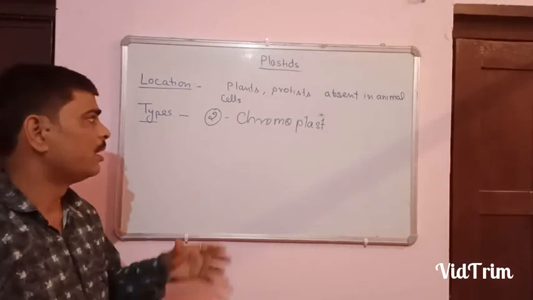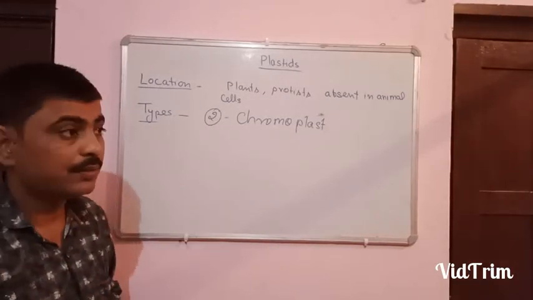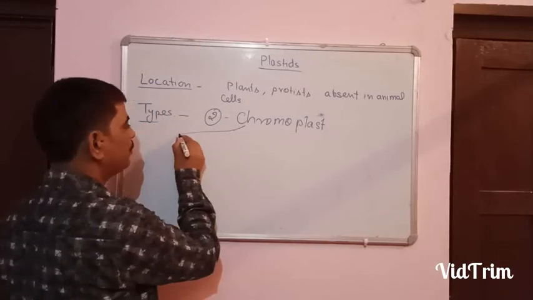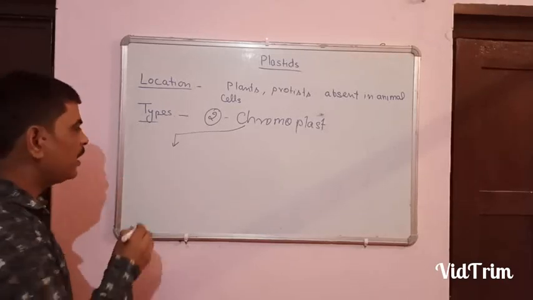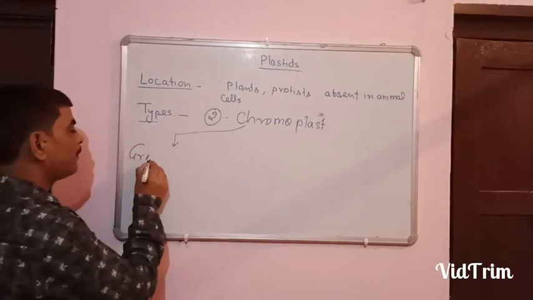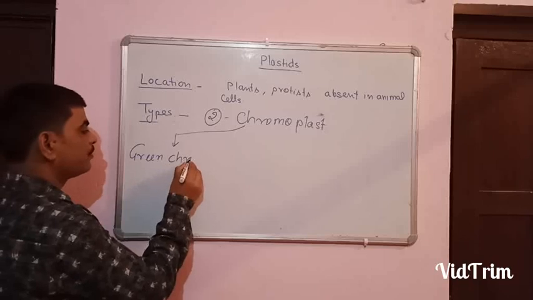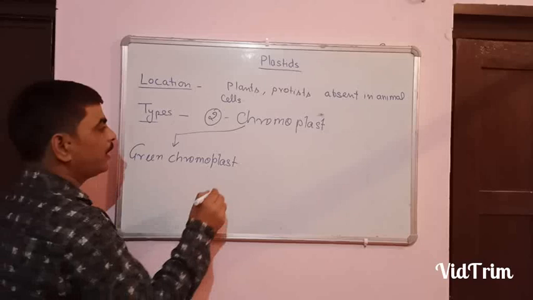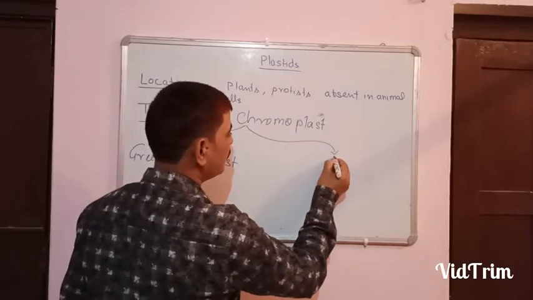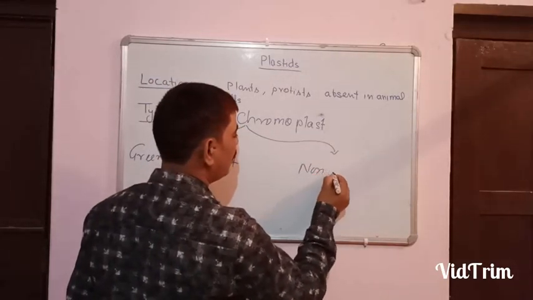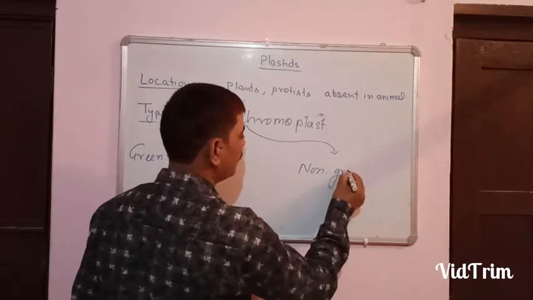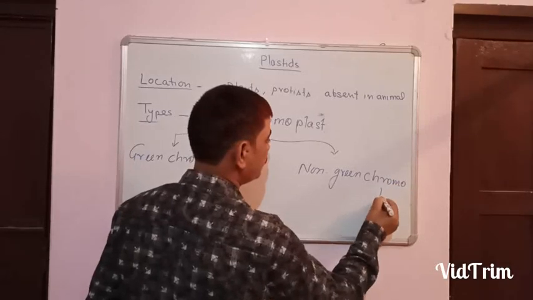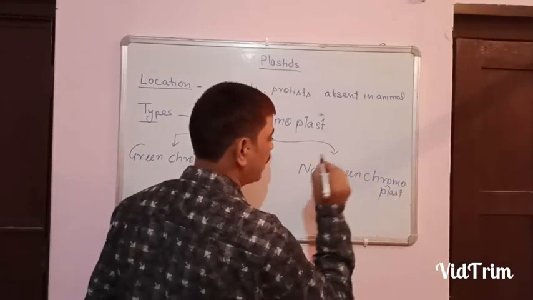Chromoplasts have different colors, and they are also broadly classified into two. One is the green chromoplast, and the second is the non-green chromoplast.